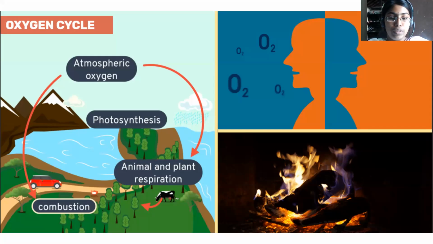Is it clear for everyone how this oxygen cycle is produced and again consumed? Rahul, can you tell me by which processes oxygen is available? How do we get oxygen? Mainly photosynthesis. Okay, great.